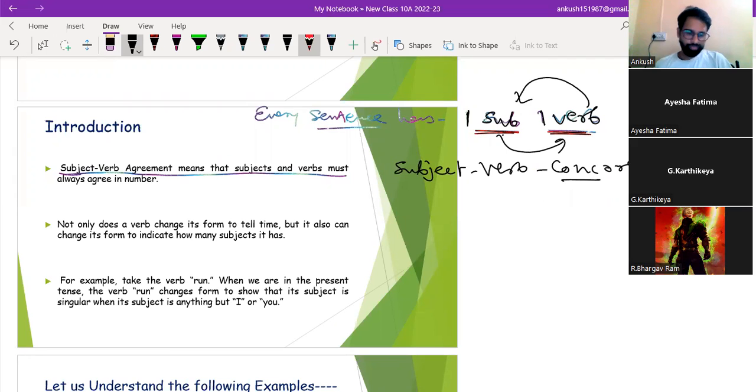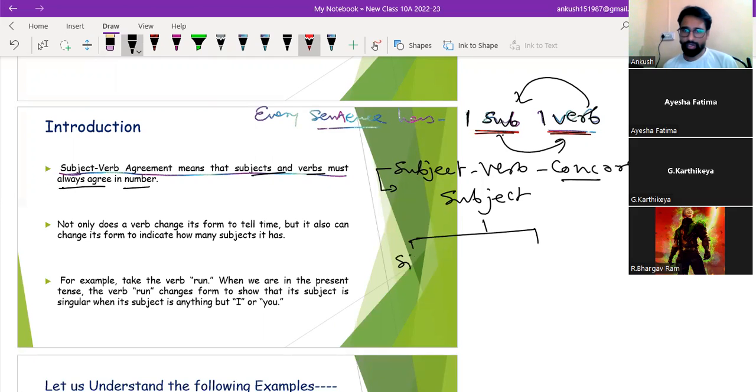Okay. So when we say subject verb agreement, it means that the subject and the verb must always agree in number. Now it comes to the matter of the number of the subject. The subject is given and it can be of two categories: singular and plural number.